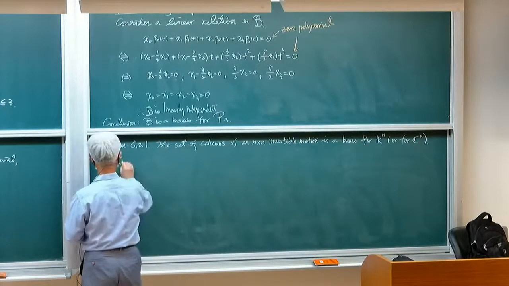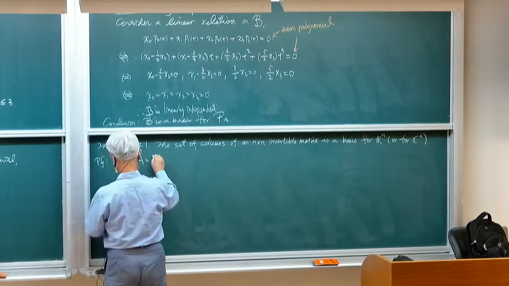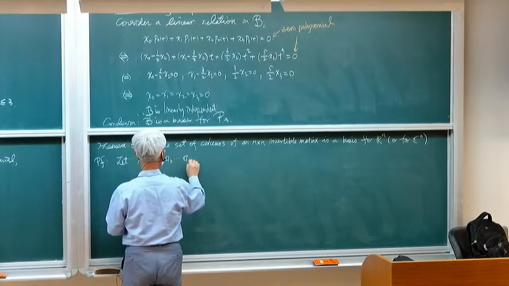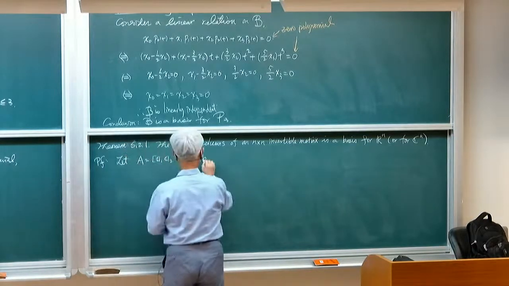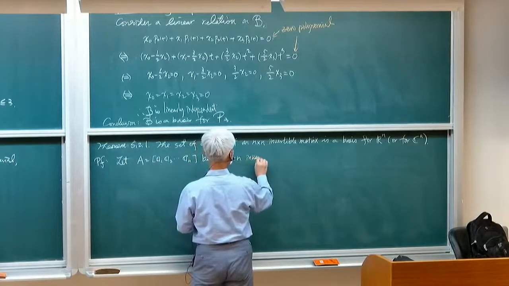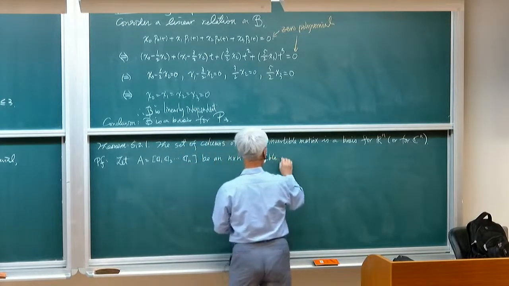All right, so we let A be an n times n invertible matrix.